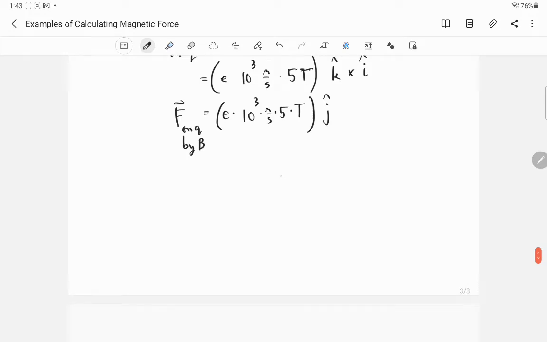So here is the Z direction. This right here, I'll say is the X direction. So the only thing that can be in this direction is the Y direction.